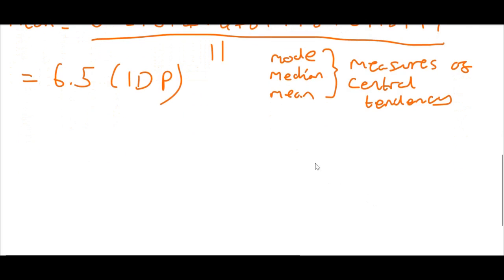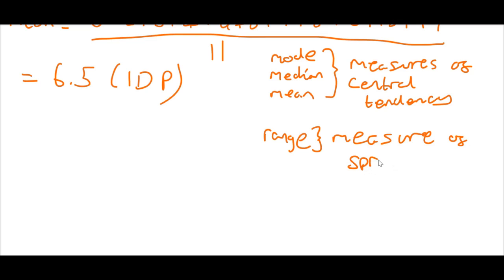And we also looked at the range in the first video on this channel, and the range is a measure of spread. So if the exam asks you to give an example of a measure of spread, you'd say the range. If it asks for an example of a measure of central tendency, you give one of these. Equivalently, if it said give a measure of average, maybe you could put one of these too. And hopefully you know how to calculate all these things as well.